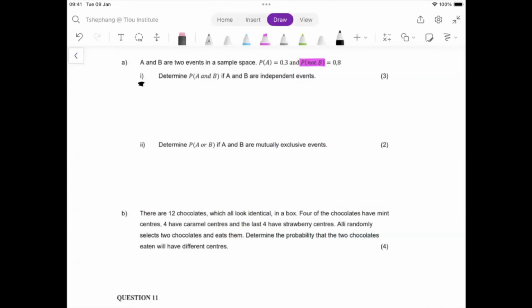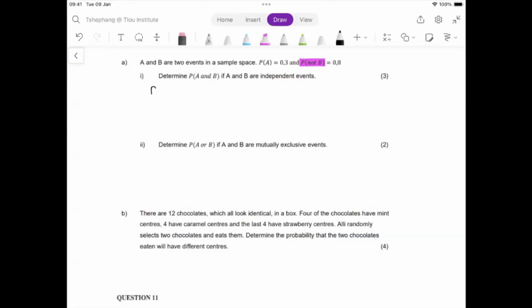Okay, getting different answers, 0.24 and a 0.06. All right, let's check which one is correct. So firstly, I want to find the probability of B. What is the probability of B? They said that they are independent.